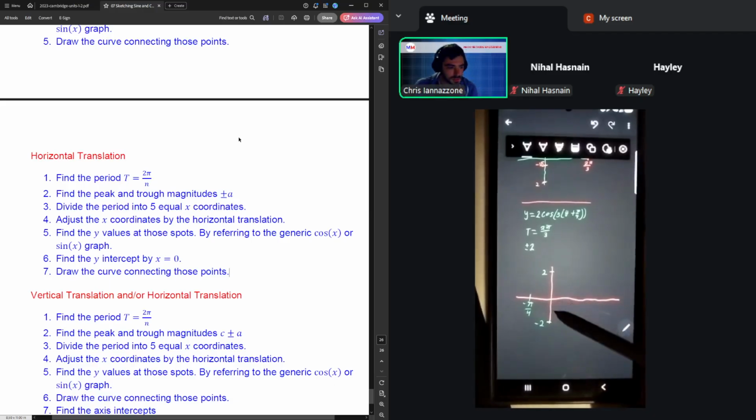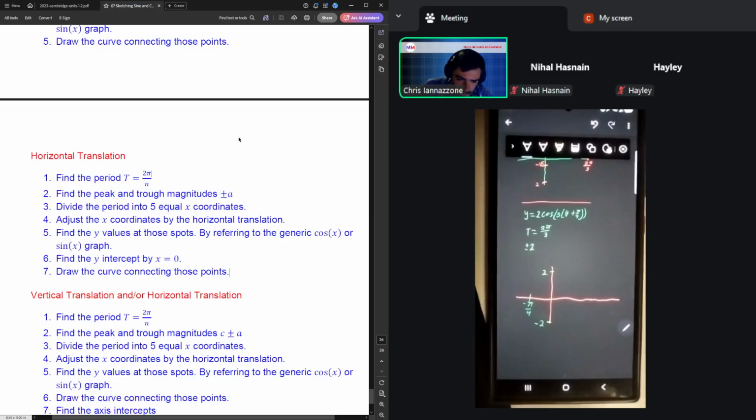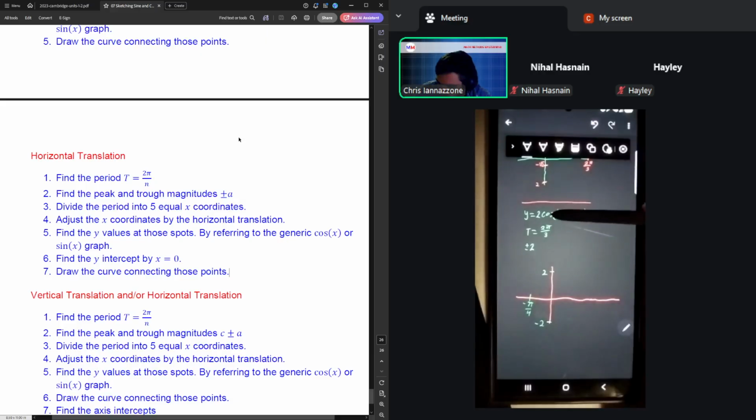So it's usually a better idea to lightly pencil this out, just so you've got a rough idea of where it is. If you want to go even further, you can also look at the cosine itself and say, okay, cosine always starts at a peak, so if this is my new starting location, then this should be a peak. But these are things you could easily rub out if you need to slightly shift because you didn't give yourself enough space.